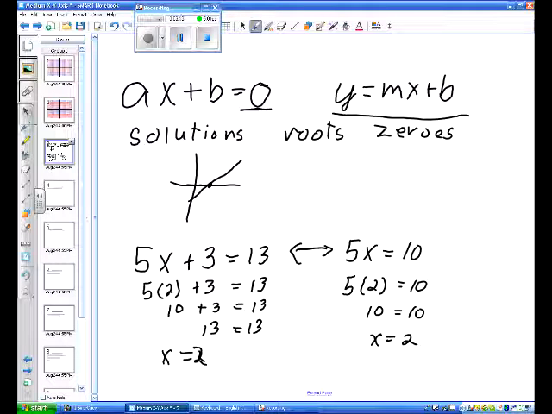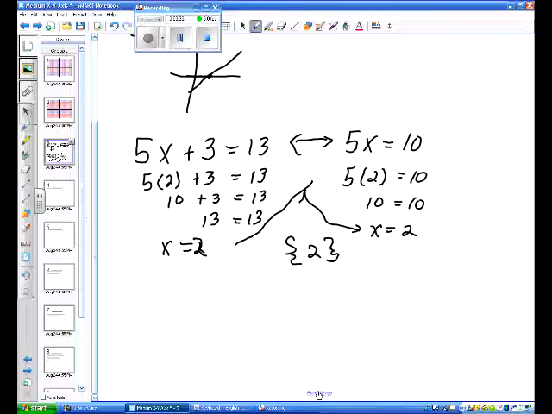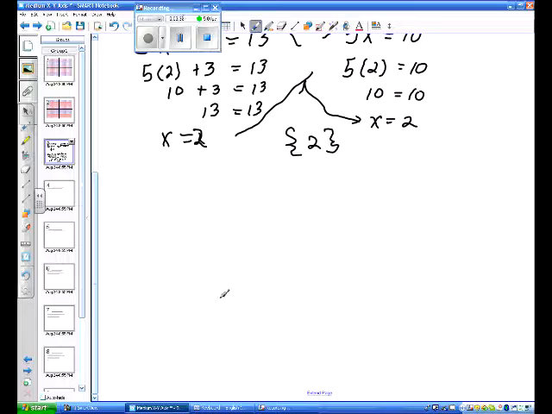They don't look the same, but they have the same solution or the same 0 or the same root. And we could write the answer in a solution set form of x equals 2. So we say that these two equations are equivalent. And what we do then when we start solving our equations is we turn them into a series of equivalent equations.